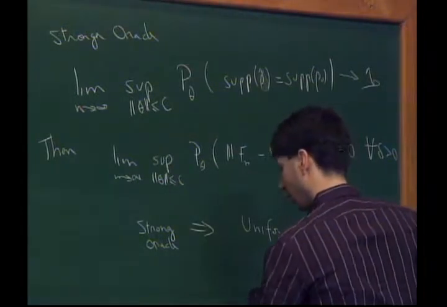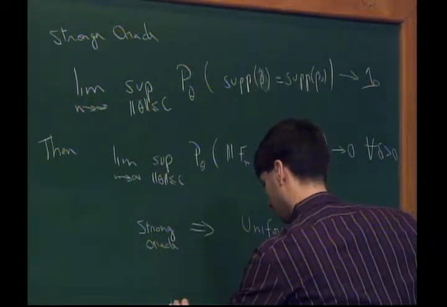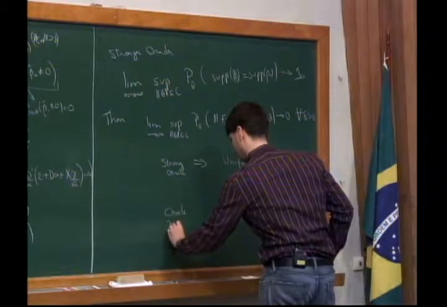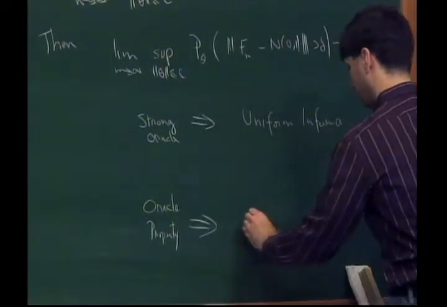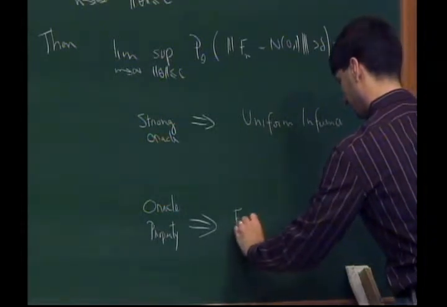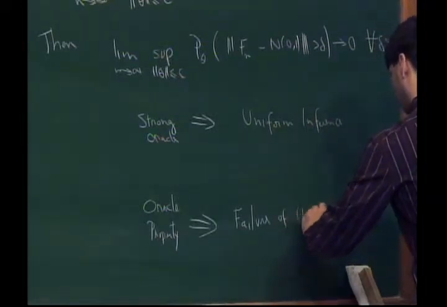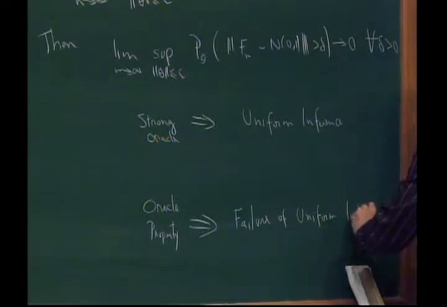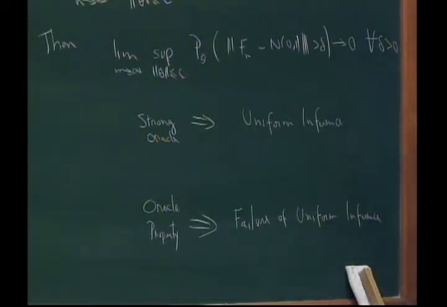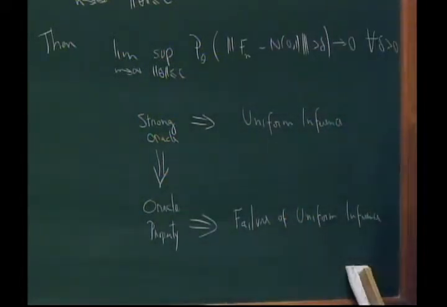Now, oracle property implies failure of uniform inference. Right? That's what we showed. But strong oracle property implies the oracle property, correct?